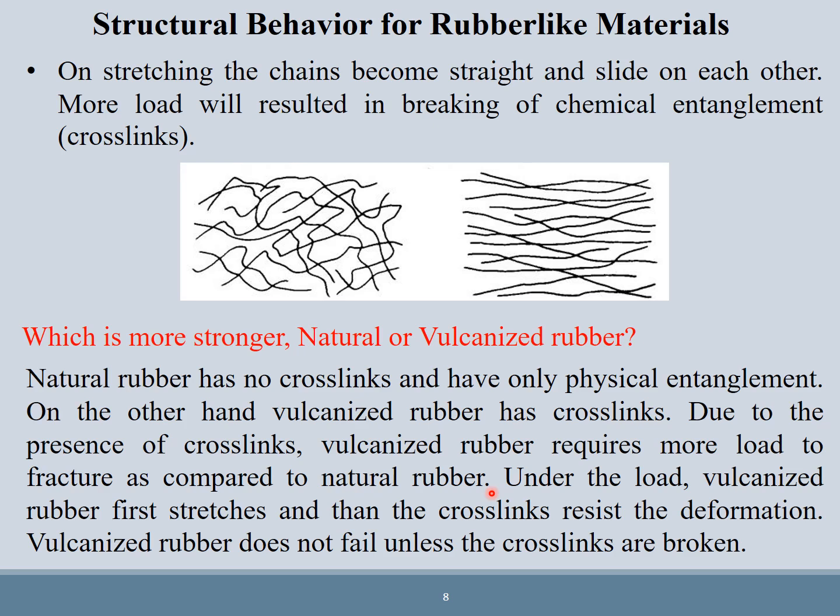That proves that vulcanized rubber requires more energy and has more strength. Under load, vulcanized rubber first stretches and then the crosslinks resist the deformation. It does not fail unless the crosslinks are broken. So the crosslinks will break, then the chains break, and ultimately the rubber will rupture into two parts.